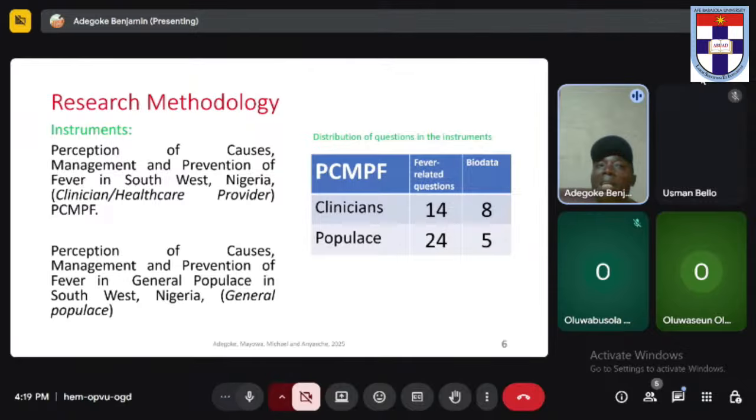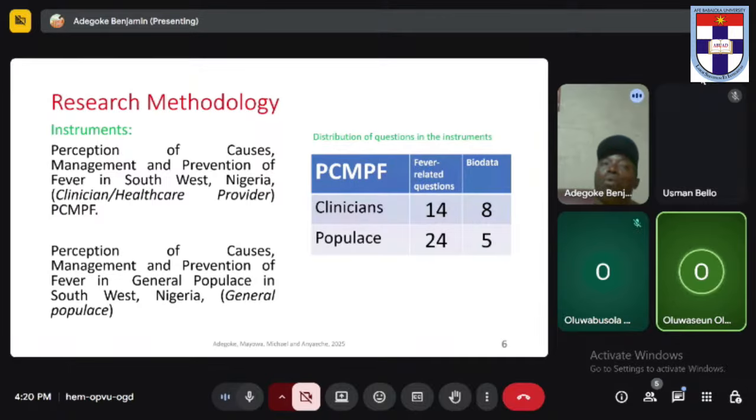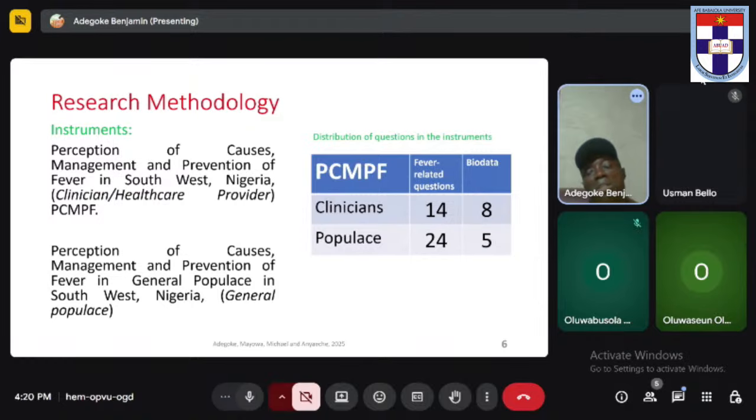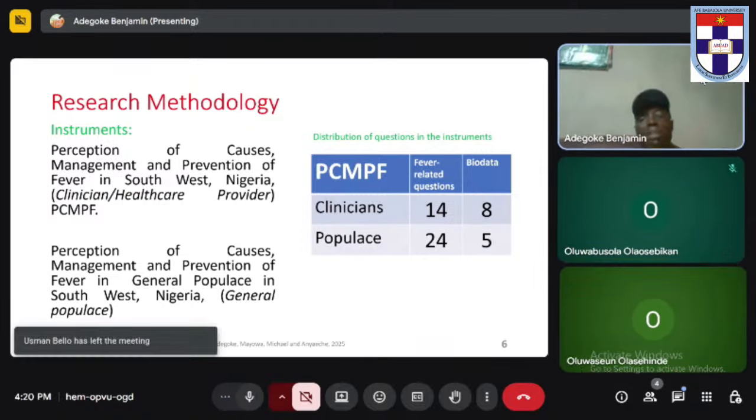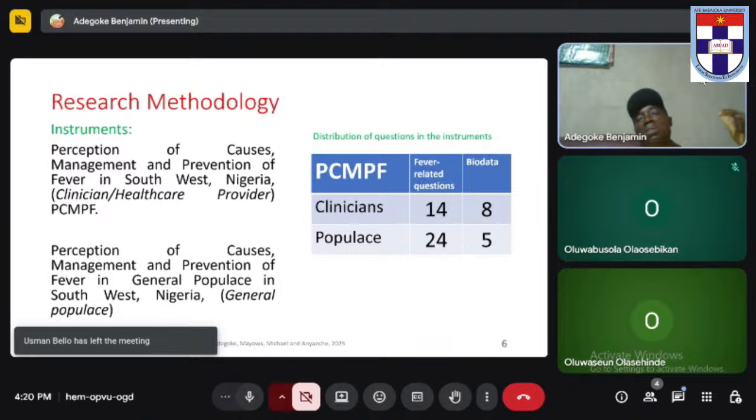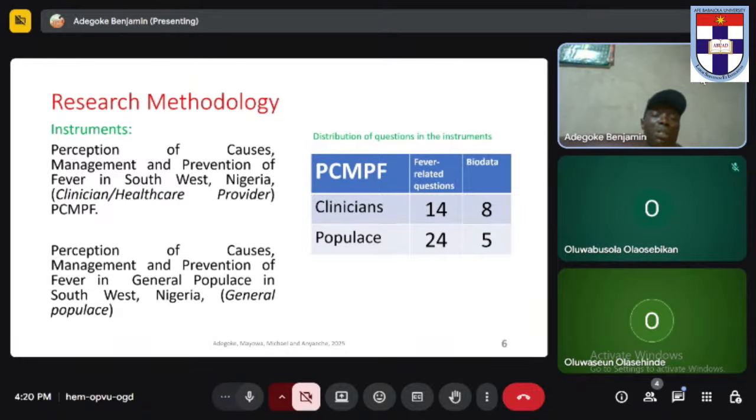The general populace attempted 24 close-ended questions, and also had 5 questions that captured their biodata.